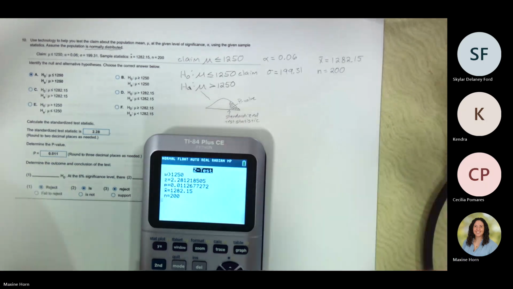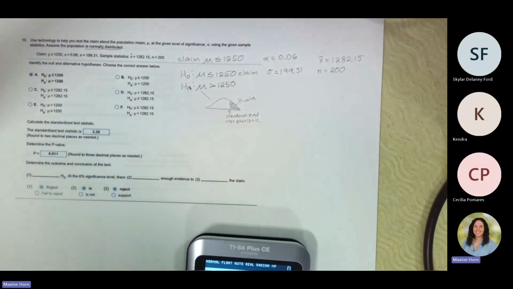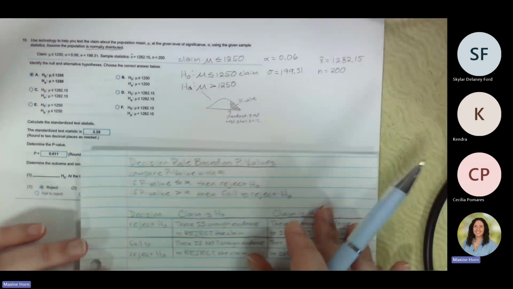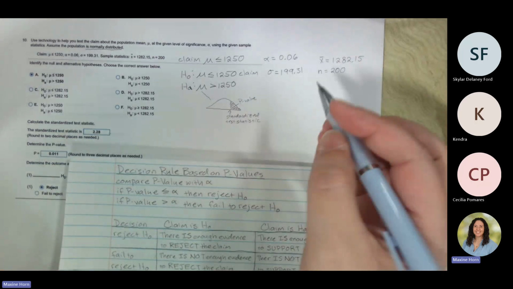Okay, determine the outcome and the conclusion. So again, we want to be comparing our p-value with our alpha, just because this is most often the fastest way to do it. Our p-value was 0.011.